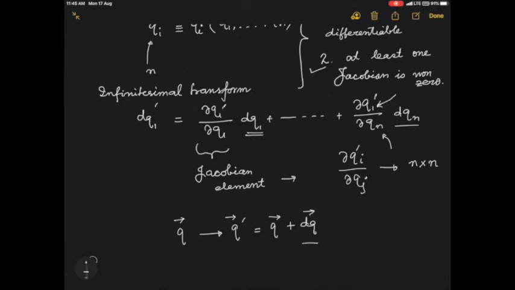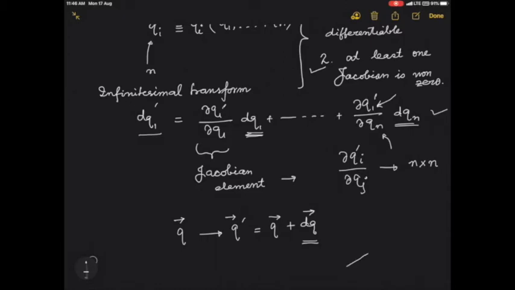These infinitesimals are essentially dq1 to dqn. For the first case, dq1 prime is given by this, and then you can write n of them and you will get the whole transformation. Now, what happens if all these Jacobian elements are 0? Then whatever I put in this dq, the left hand side is always 0.